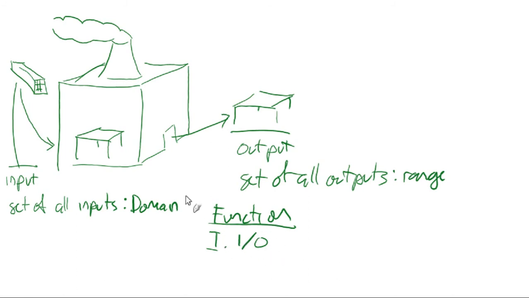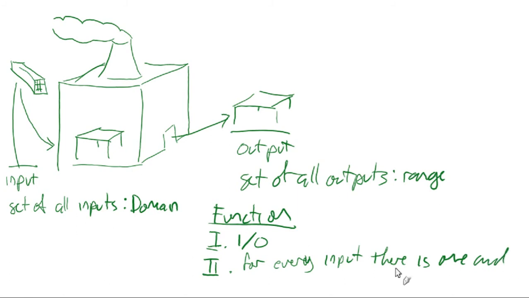So here there's inputs, like this wood, and there's outputs, like this table. But a very special, important thing about a function is that for every input, there is one and only one output.